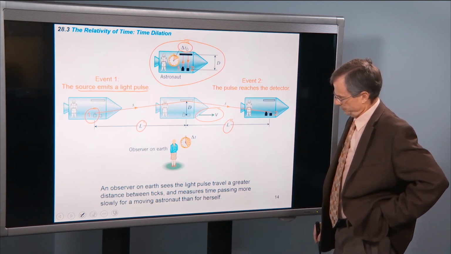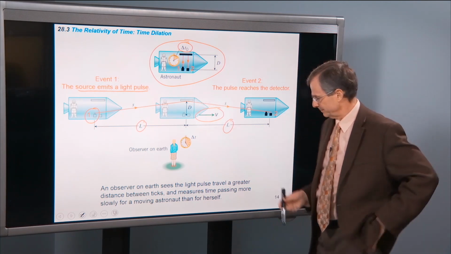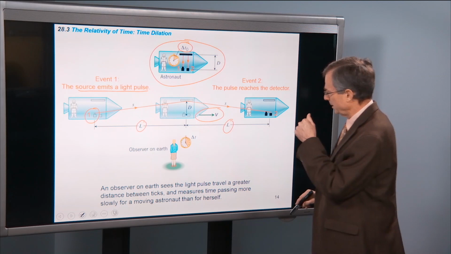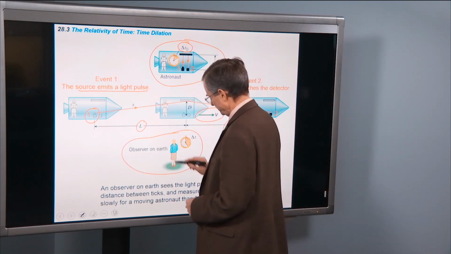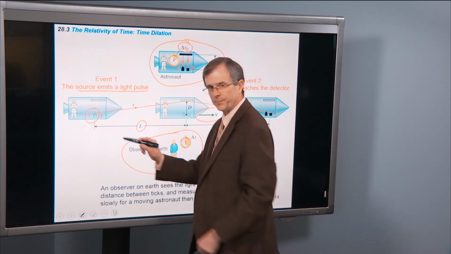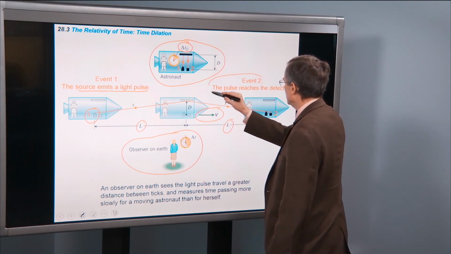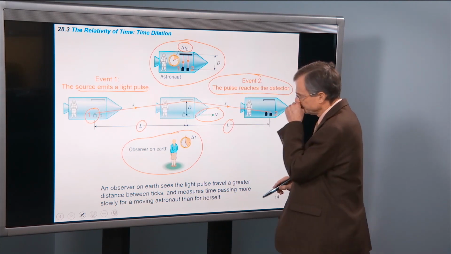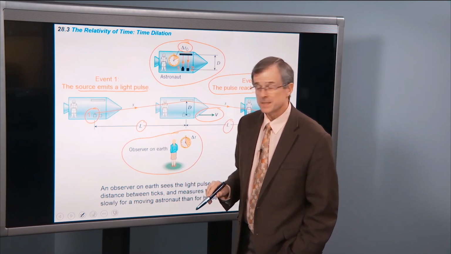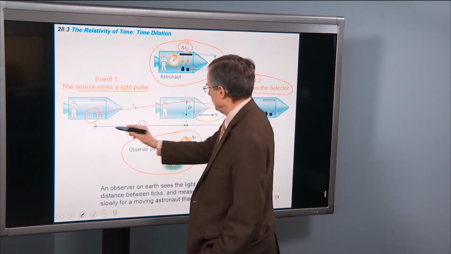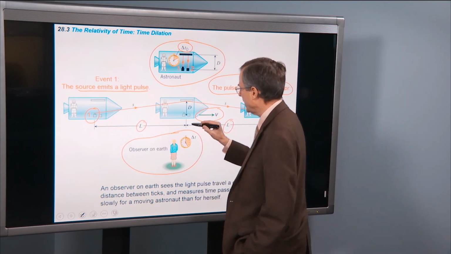So if you really believe Einstein's second postulate, the speed of light postulate, then you're going to say, well, hold on here. The observer on the Earth, watching this light travel from event 1 to event 2, when the pulse reaches the detector, sees that light travel a farther distance, a distance s, which is related by the Pythagorean theorem to the distance L and the distance d.